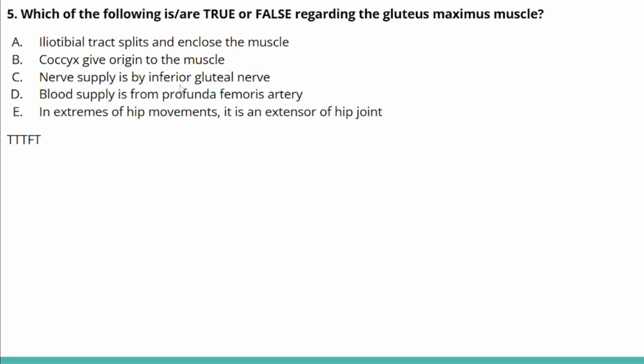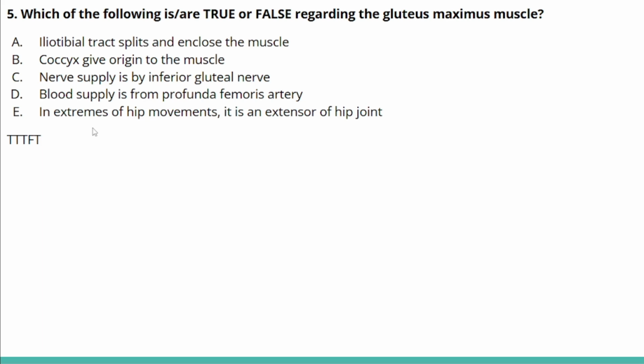Nerve supply is by the inferior gluteal nerve. This is true. The gluteus maximus muscle is the only muscle which this inferior gluteal nerve supplies. Answer D. Blood supply is from the profunda femoris artery. This is false. Blood supply to the gluteus maximus muscle is from the superior and inferior gluteal arteries.